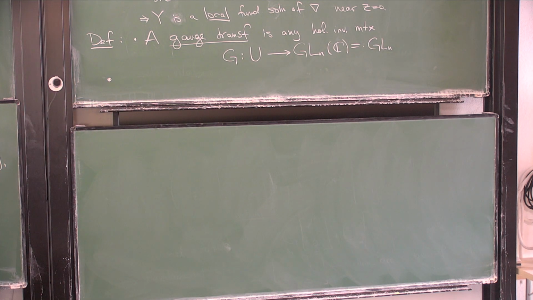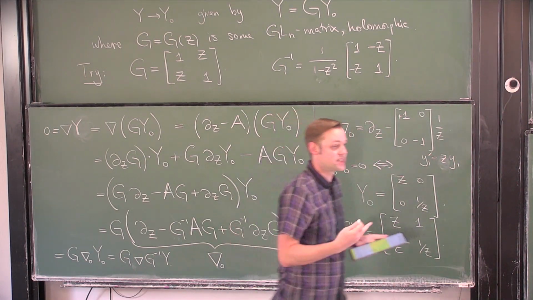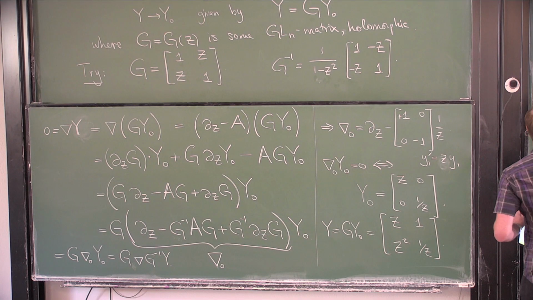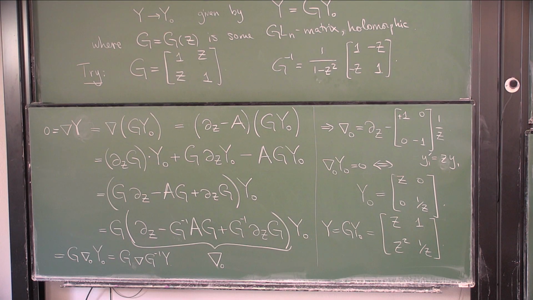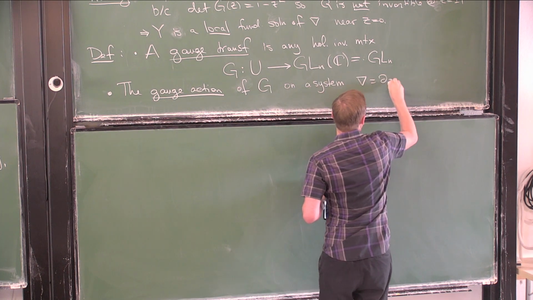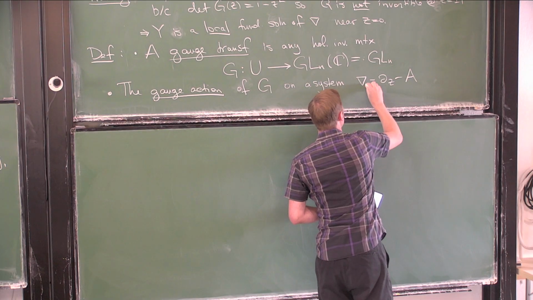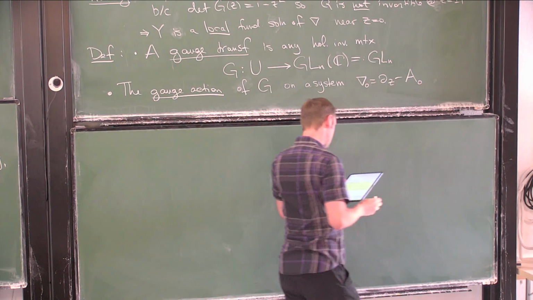The purpose of a gauge transformation, the reason we call it a gauge transformation, is that it acts on our system, and we call this action a gauge action. So the gauge action of G on a system nabla = del_z - A. Let me write it like this.